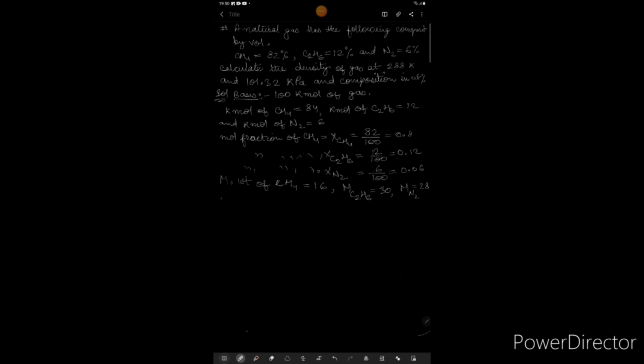So M average, the average molecular weight, equal to molecular weight into mole fraction.